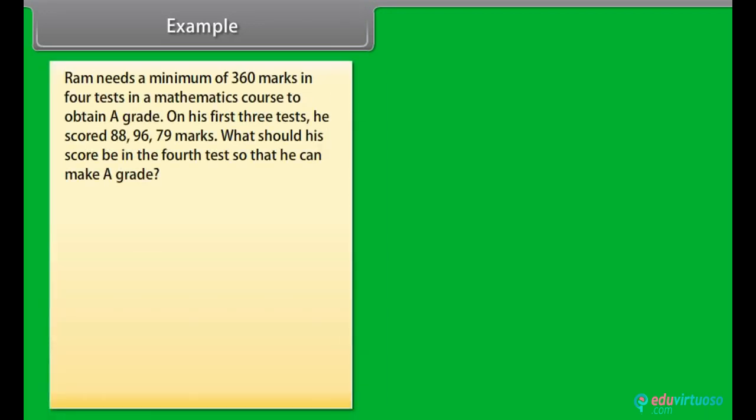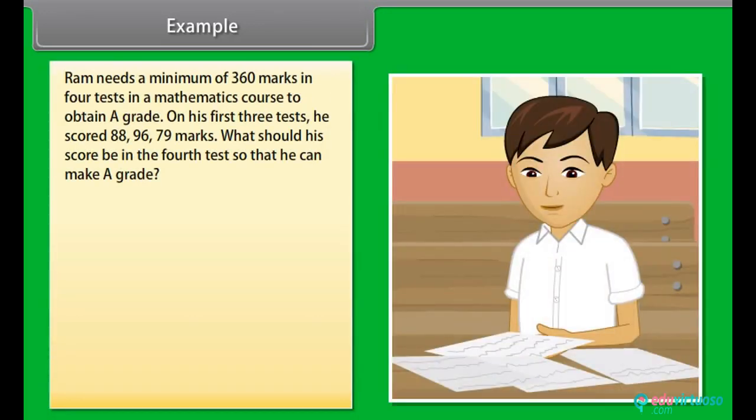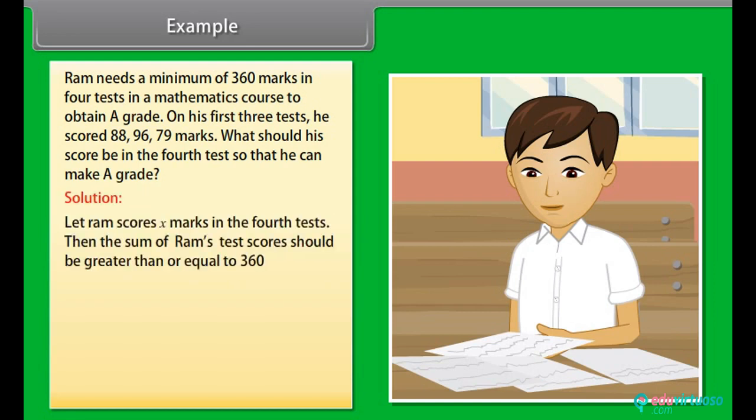Example. Ram needs a minimum of 360 marks in 4 tests in a mathematics course to obtain A grade. On his first 3 tests, he scored 88, 96, 79 marks. What should his score be in the 4th test so that he can make A grade? Solution. Let Ram score x marks in the 4th test.